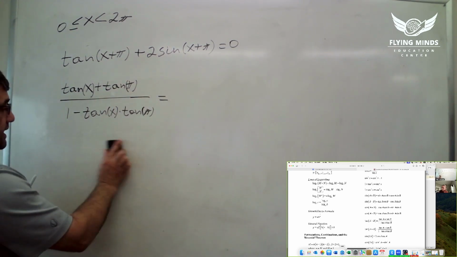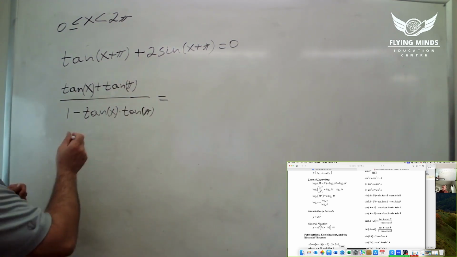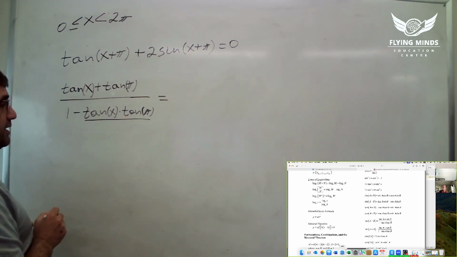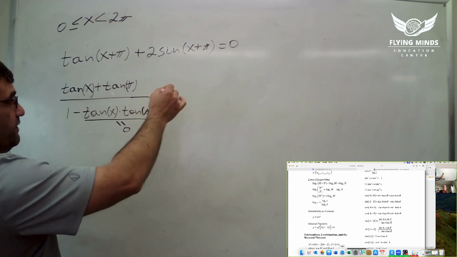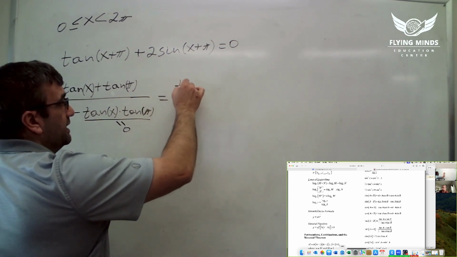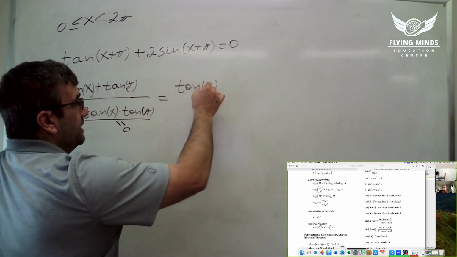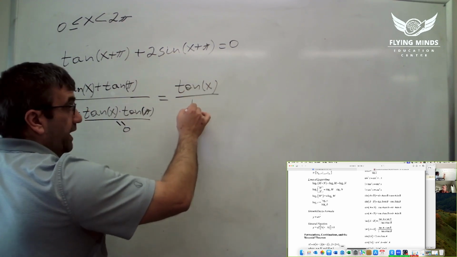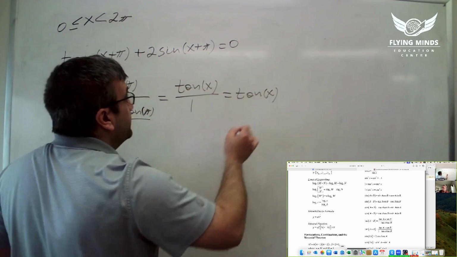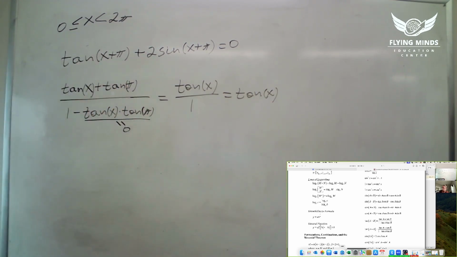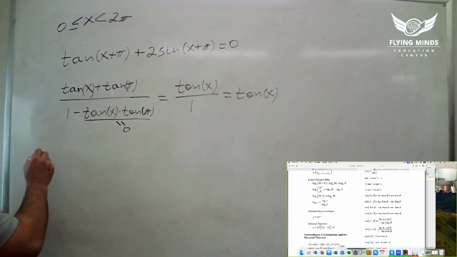Tangent of pi is 0, so that term is 0. At the end we're left with tangent of x over 1, or just tangent of x. So all this expression turns into just tangent of x.